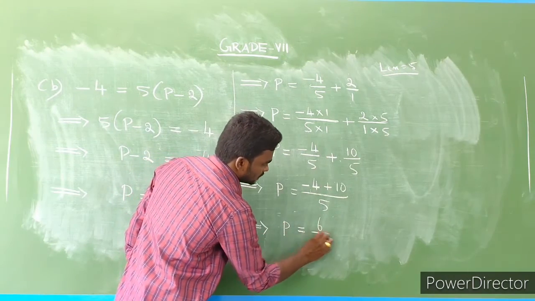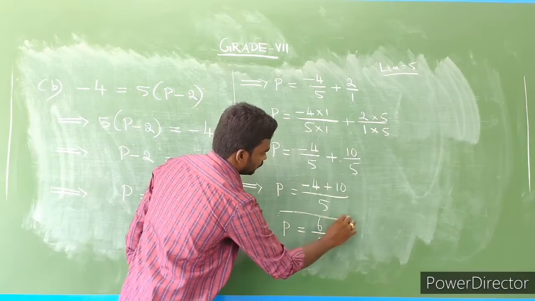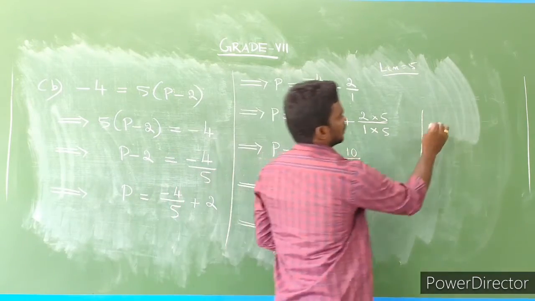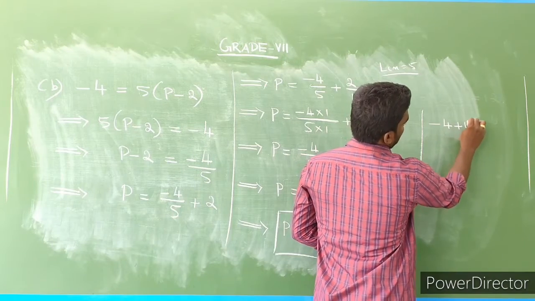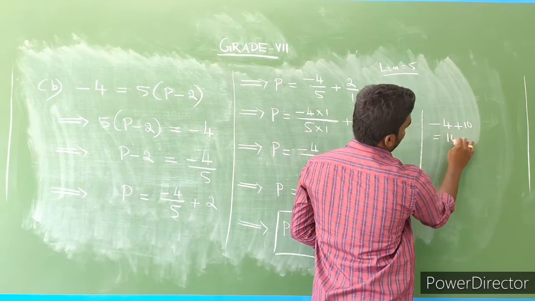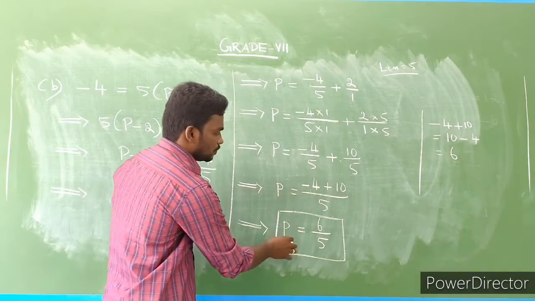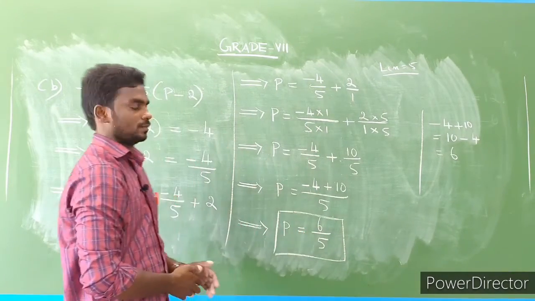That is 6 divided by 5. That means what is given in minus 4 plus 10? Minus 4 plus 10, otherwise written as plus 10 minus 4, which is equal to 6. So the value of p is equal to 6 divided by 5.